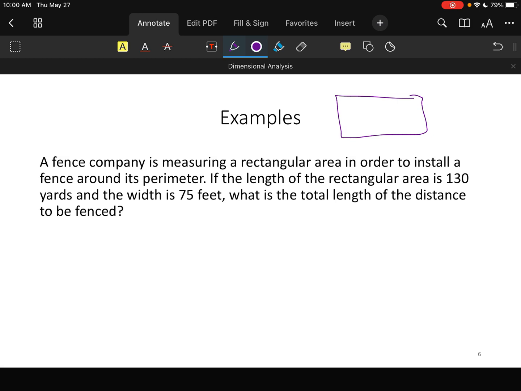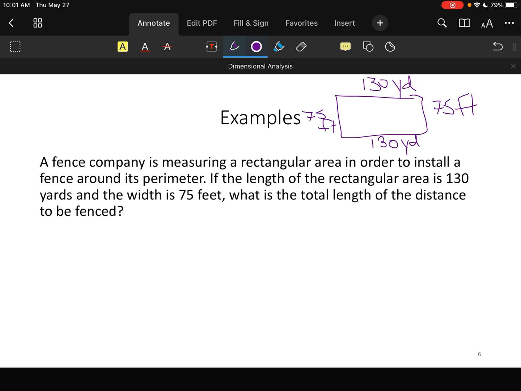That's my rectangular area. The length is 130 yards. The width is 75 feet. Still no problem.